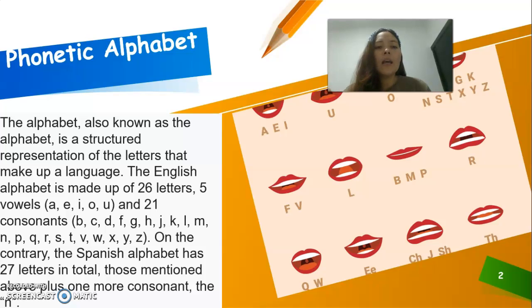The alphabet is a structured representation of letters that make up the language.